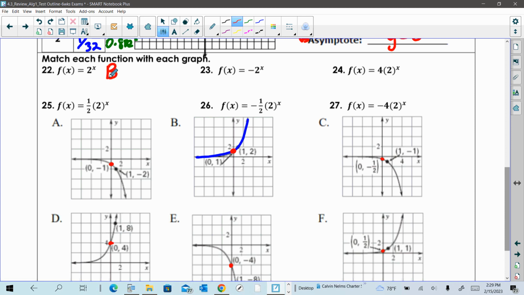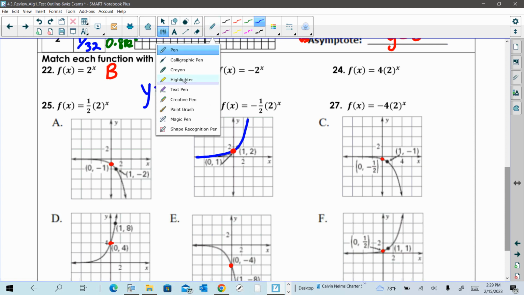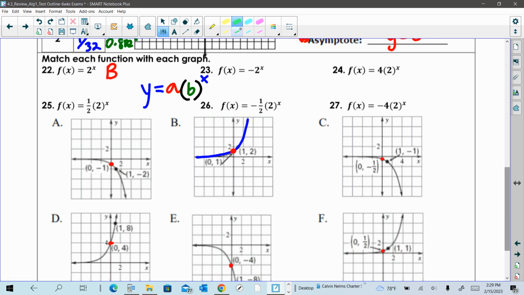Now the other way, if you remember on our foldable, we learned that the exponential function has the form y equals a, then we have parentheses, then we have a b inside that parentheses raised to a power of x. And to find the y-intercept, which is the initial amount, yesterday we focused on this a.